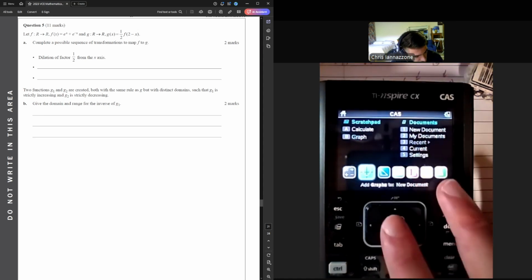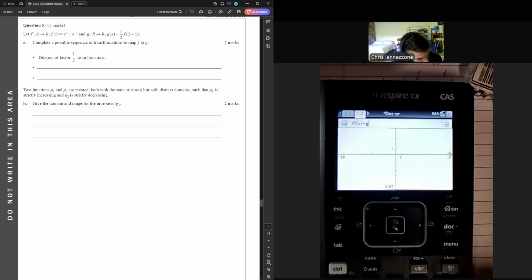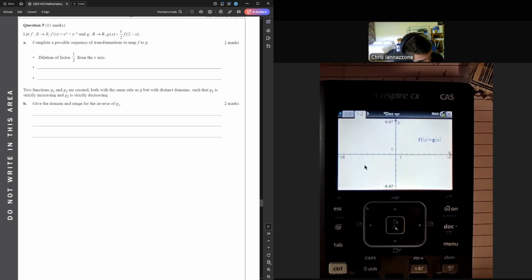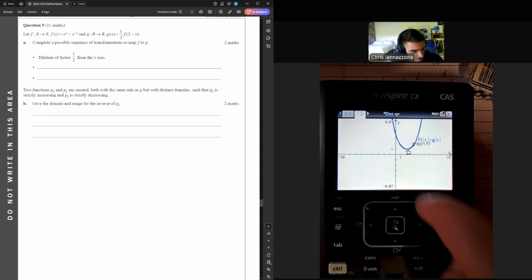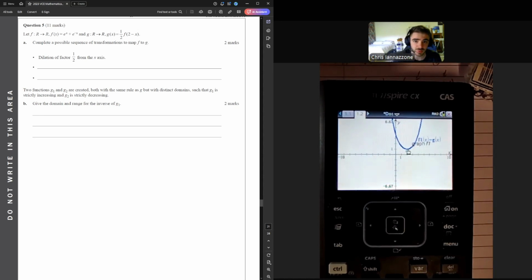So let's first figure out where this is strictly increasing. If we plot g of x, we're going to get some sort of parabolic shape. So all we have to do is figure out where the turning point is, and then everything to the right of that turning point is going to be the domain of g1.